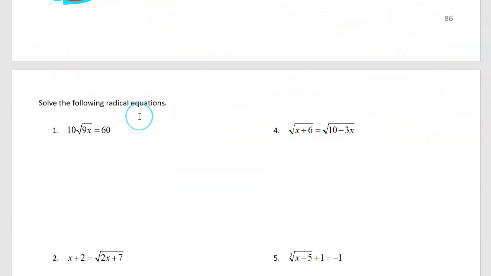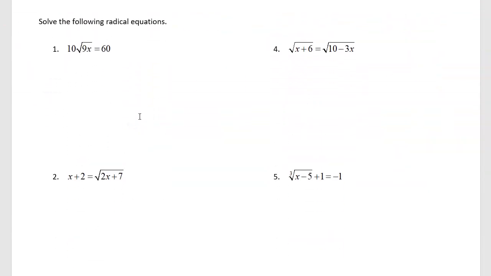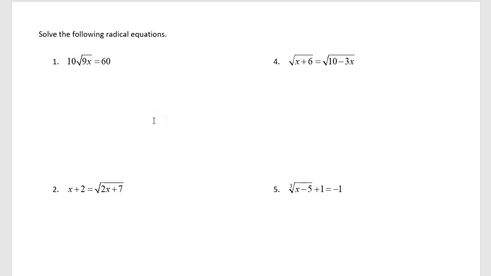As you continue with your work here, just be very careful of your index. I wanted to point out in this problem here, they're giving you an index of 3. So instead of squaring both sides, you want to raise both sides to the third power. You always use the same exponent as your index. And just a few other little tips: make sure you're always isolating your radical.